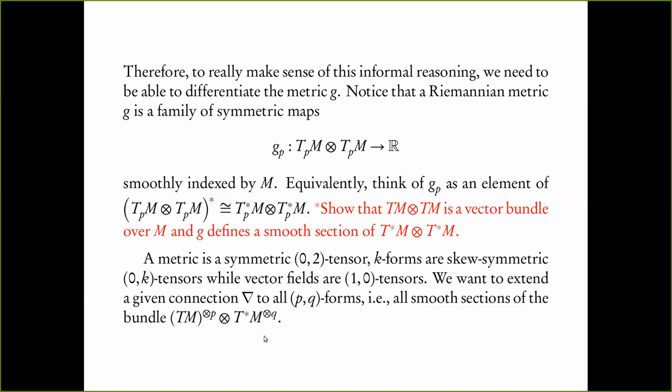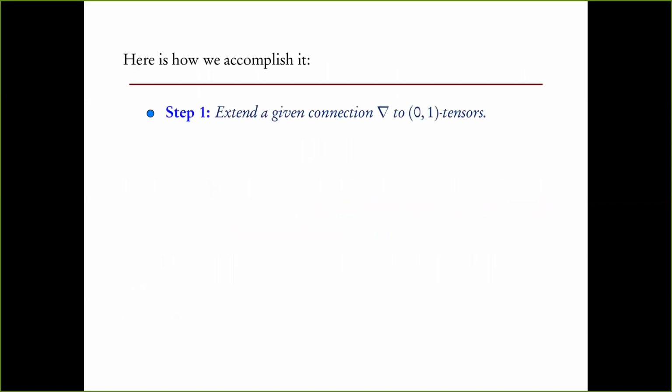We are in the specific case when P is 0 and Q is 1, but that simply becomes T star M, because this becomes R, and R tensor anything is just this thing, and this is T star M tensor 1, but B tensor 1 is just B, so that's T star M. Okay, so our first task is to extend it to differential one forms.